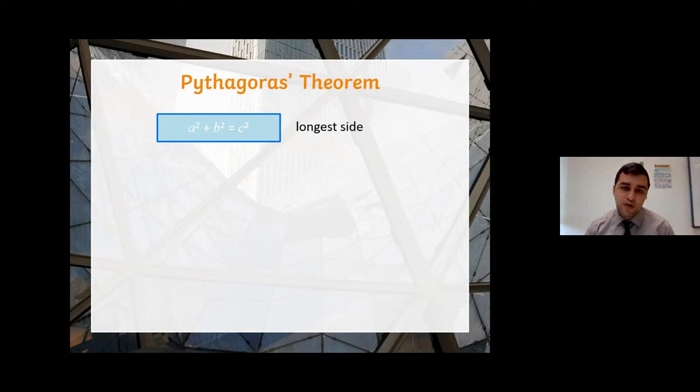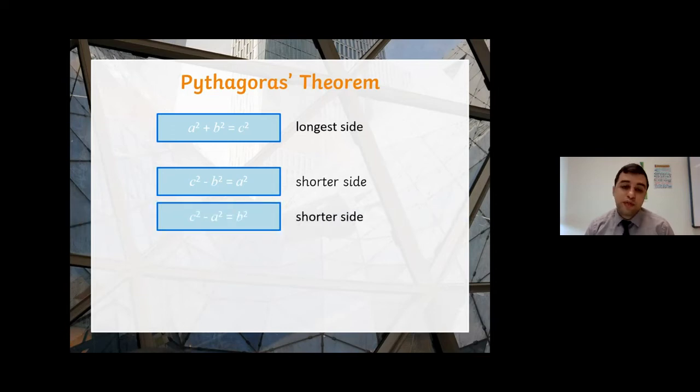The longest side we know. For the longest side, we use the Pythagoras theorem, a squared plus b squared equals c squared. But if we want to find one of the shorter sides, for example a squared, we just need to rearrange. It means we should move b squared next to c squared, and here you go: if we want to find the square of a, it equals the square of c subtracted by the square of b.